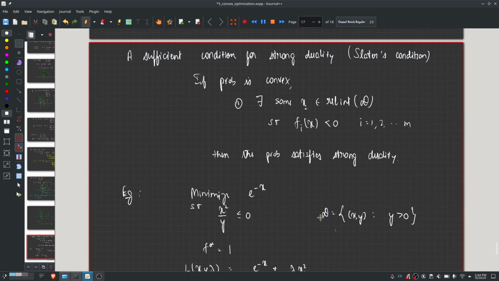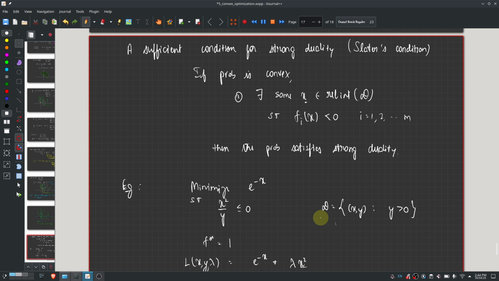And towards the end, we also saw that a sufficient condition for strong duality to hold, for f star to be equal to d star, is the so-called Slater's condition. This is what is called a constraint qualification, essentially sufficient conditions on your constraints so as to satisfy strong duality.